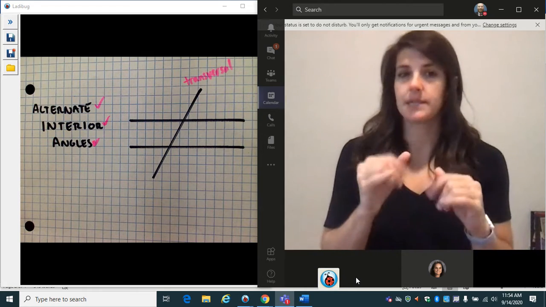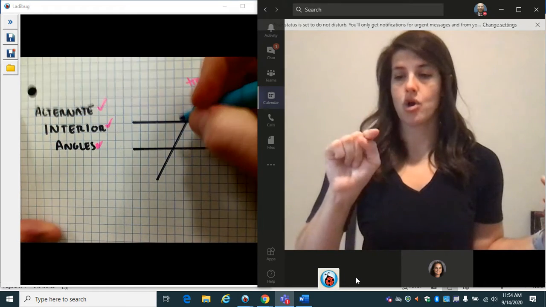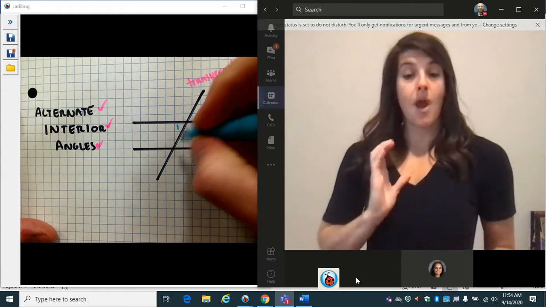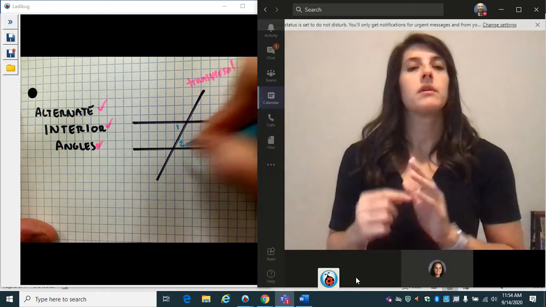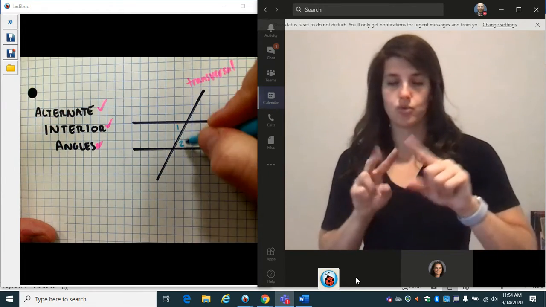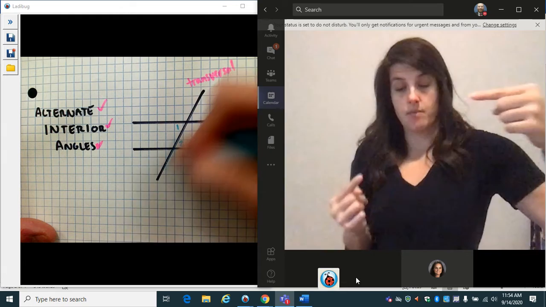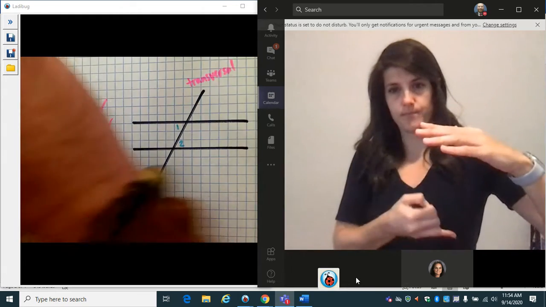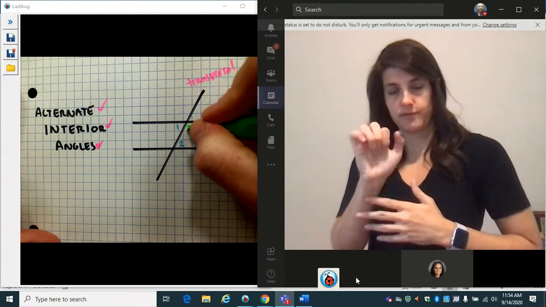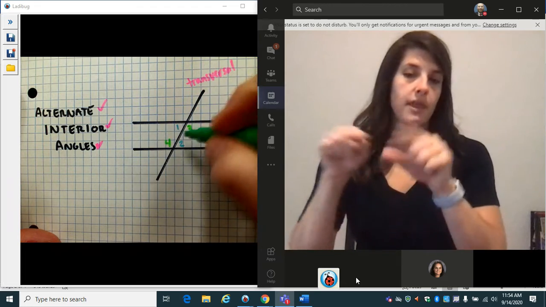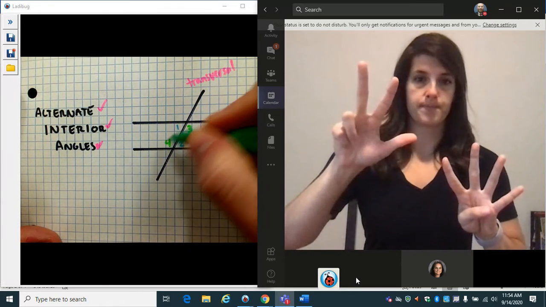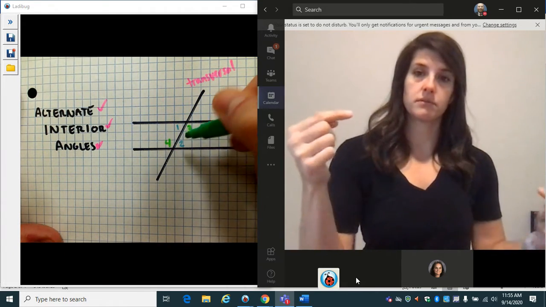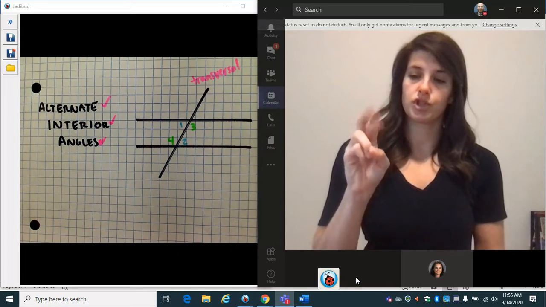So in our example here, a pair of alternates would be angle 1 and angle 2. They are alternates on other sides of the transversal. Likewise, we would have angle 3 and angle 4. They are alternates on the other side of the transversal, and they are on the inside of the parallel lines.